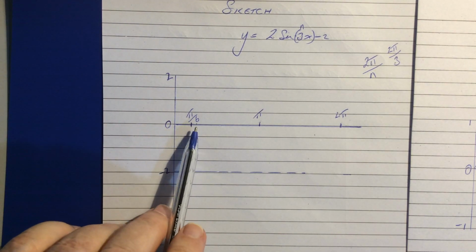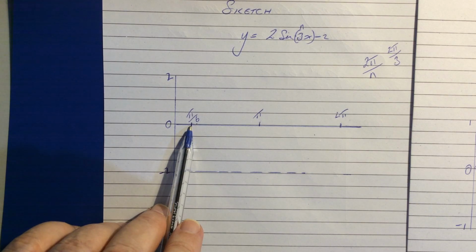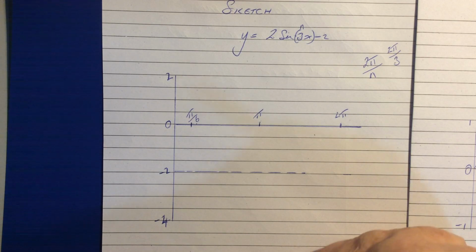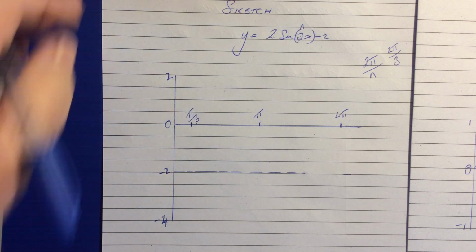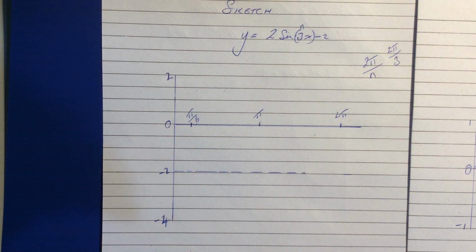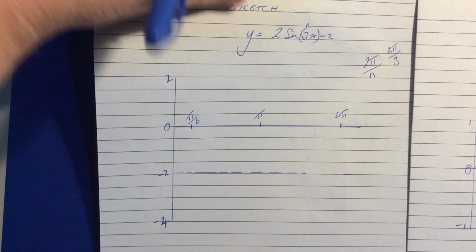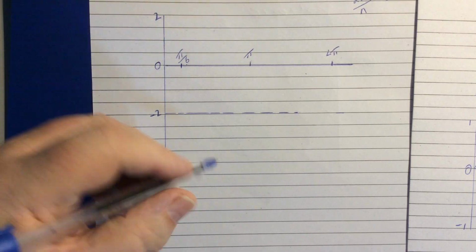And our period is 2 pi on 3. So if we add pi on 6 to 2 pi on 3, that has the effect of adding pi on 6 to 4 pi on 6. I'll just move this page slightly and do the calculation for you.